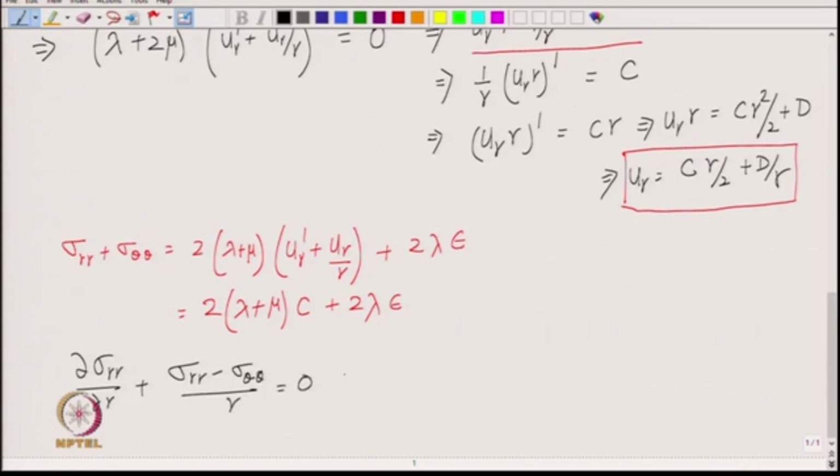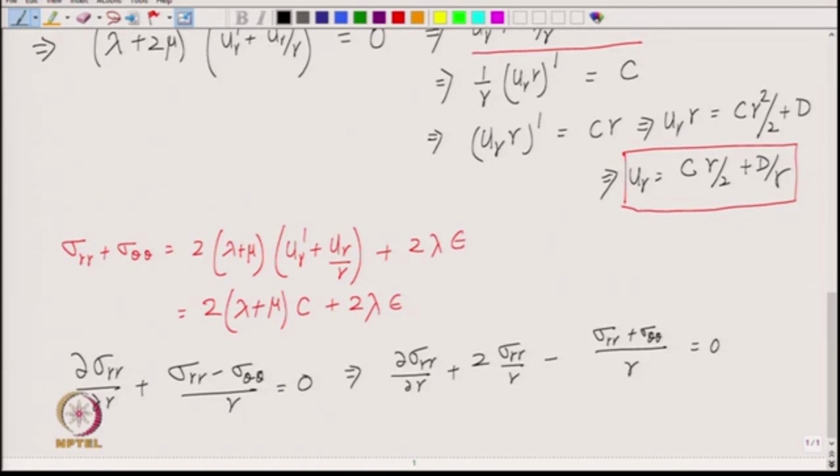We could also write this as del sigma_rr over del r plus 2 times sigma_rr over r minus (sigma_rr plus sigma_theta theta) over r. You see, we add one sigma_rr by r and we also subtract one sigma_rr by r, and this is equal to 0.